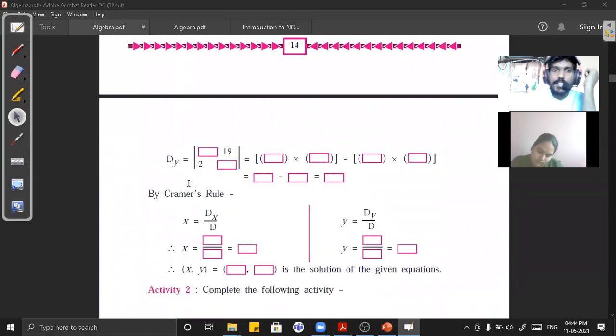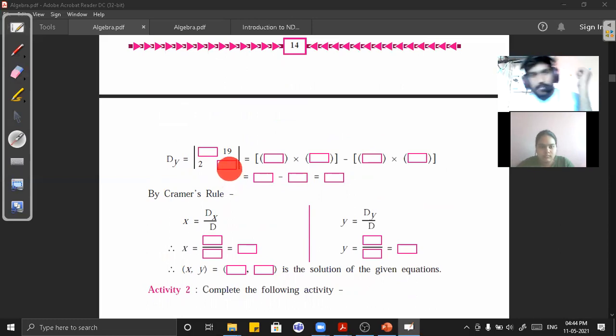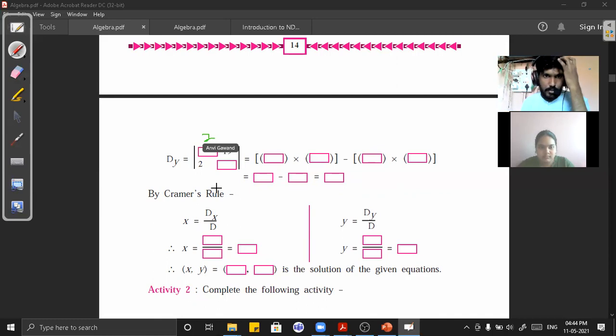Okay. Now dy. Can you tell me in dy what do you do? In dy, this as it is, and here you put the right hand side. This will become 19 and minus. What will be here? Two.